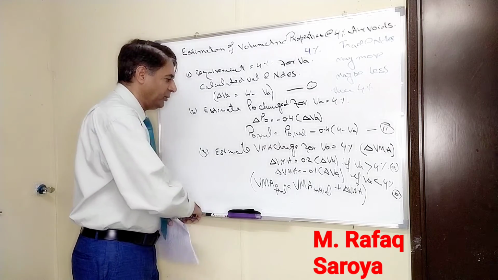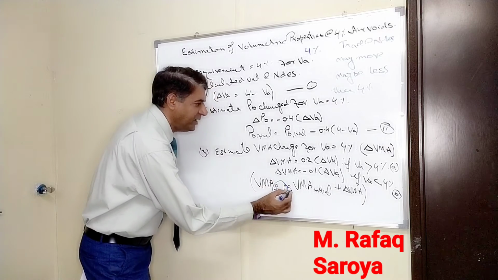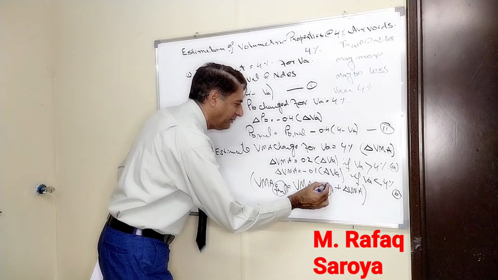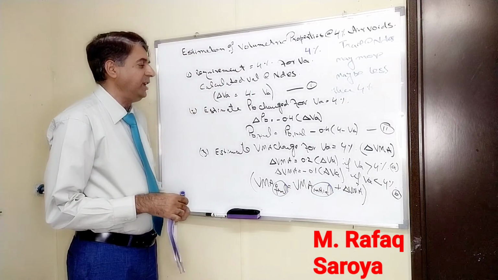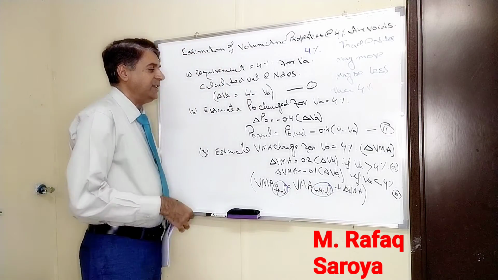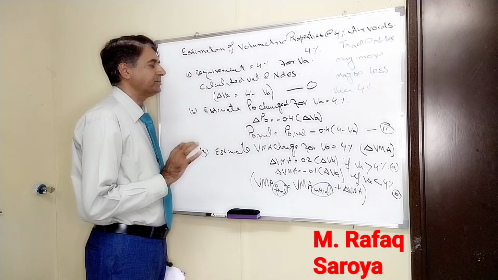This VMA final is my final requirement. This VMA initial is the initial value when the sample is taken from the gyratory compaction, and this change of value is added to get the final value.